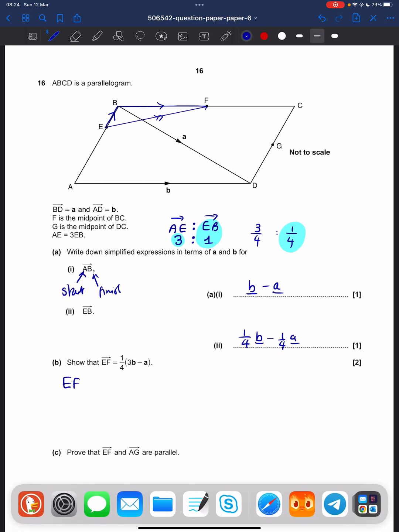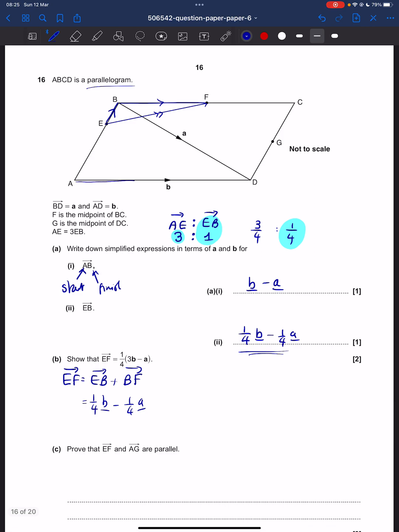To go from E to F, it's E to B plus B to F. And E to B we've got there. So it's 1/4 b, oops, lowercase b, minus 1/4 A. And then B to F. Now this is a parallelogram.